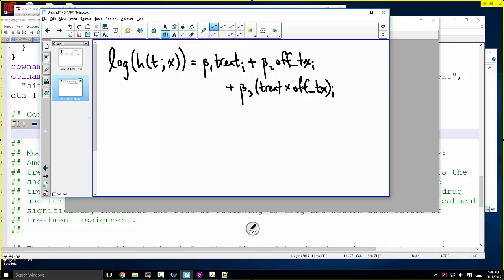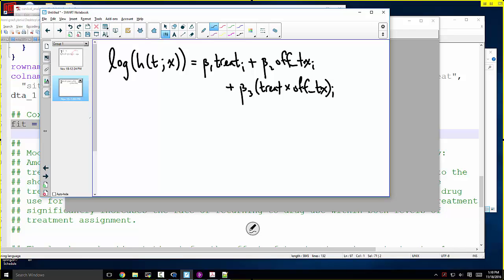So, for somebody who is currently in the treatment program, off treatment is 0.